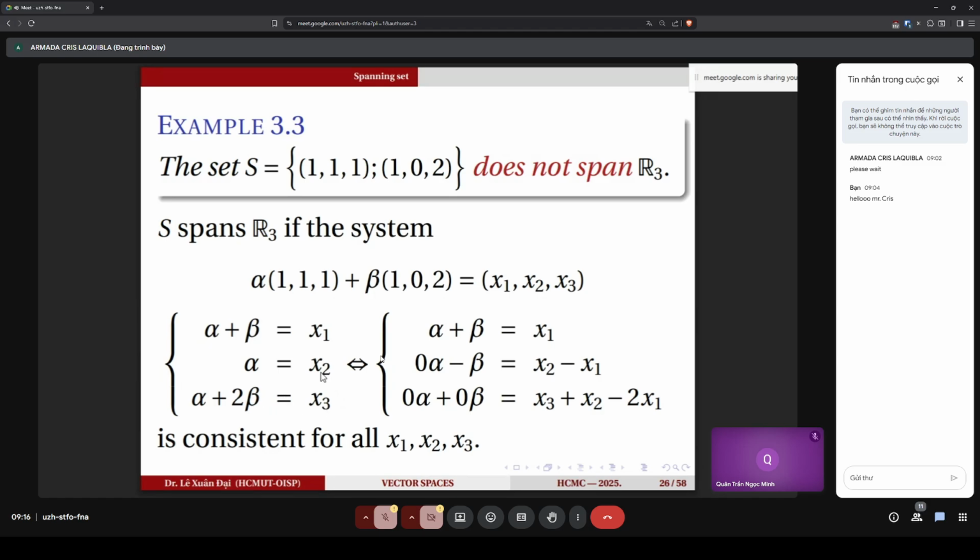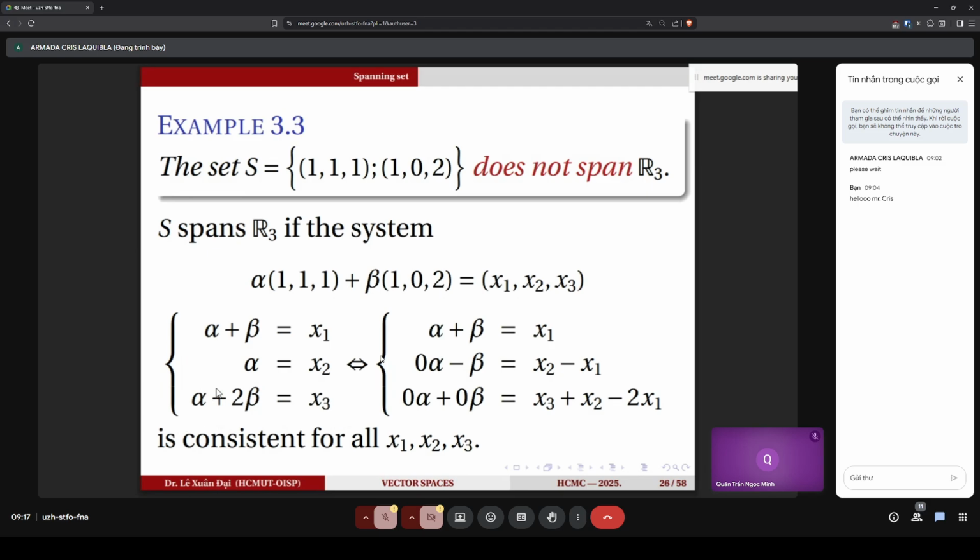And then we add the second here, so we have alpha added here. We have 2 alpha plus 2 beta is equal to x3 plus x2, correct?